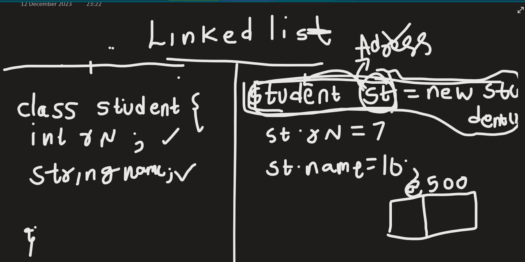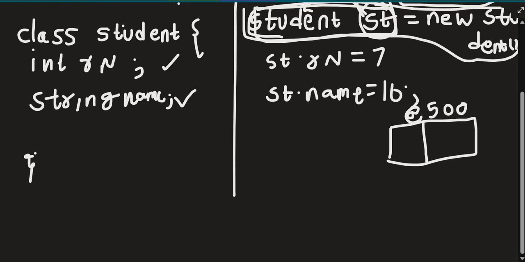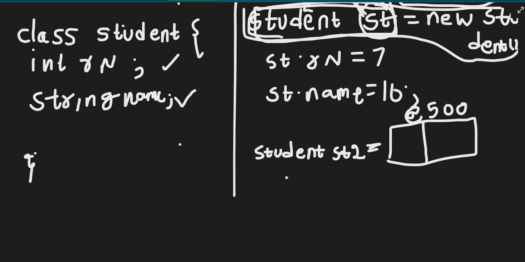Let us suppose I have created another object, student st2, with new. What happens internally?